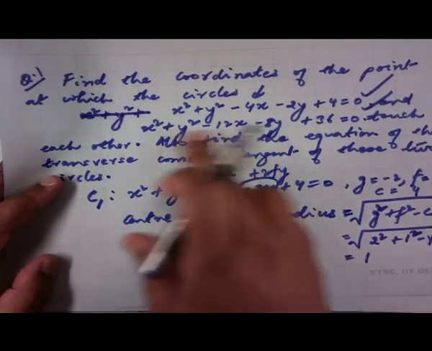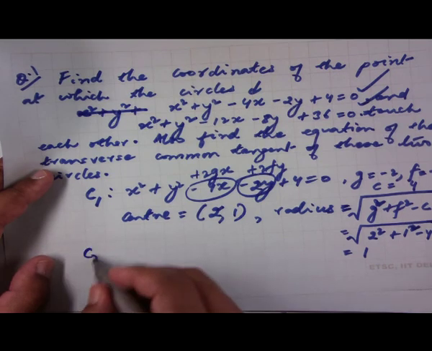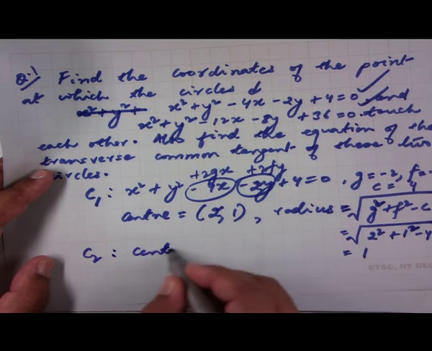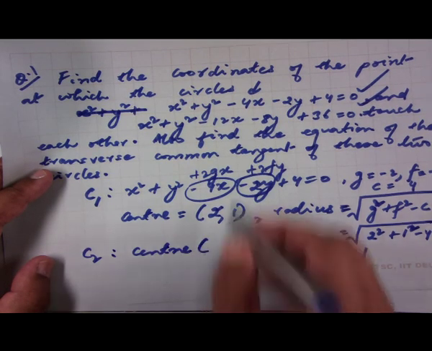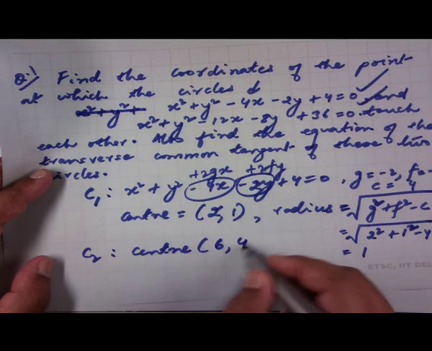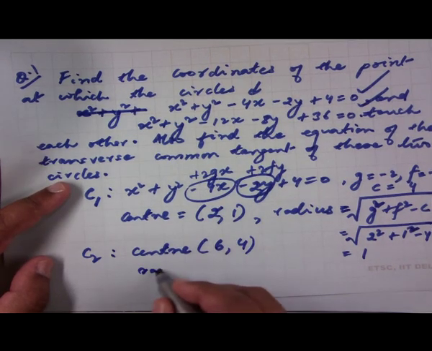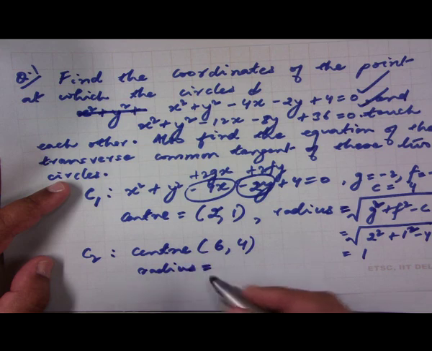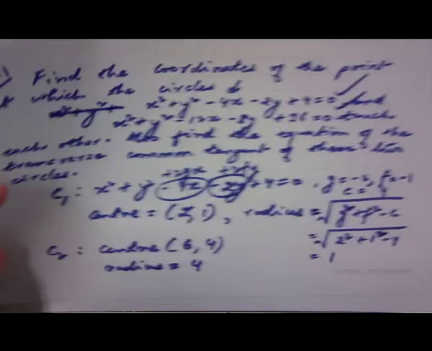Similarly, we can show that for the second circle, the center will be at 6, 4 and the radius will be 4.